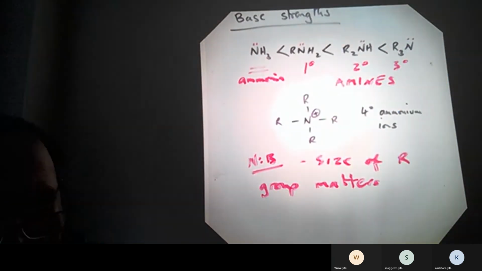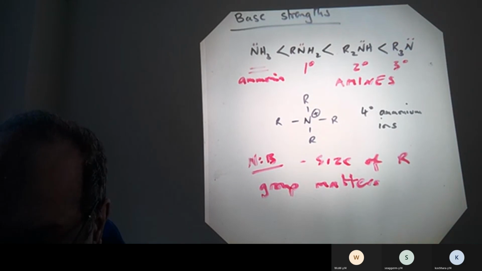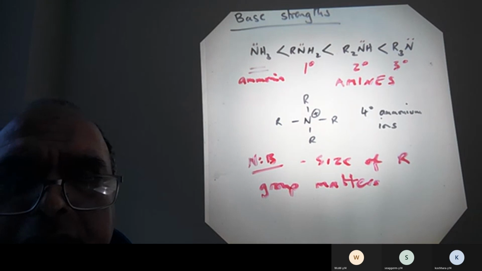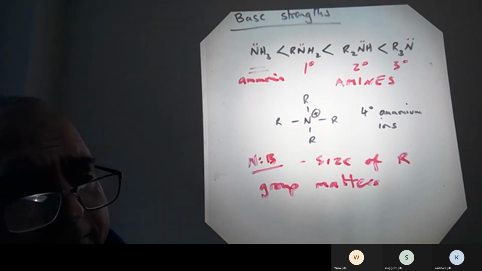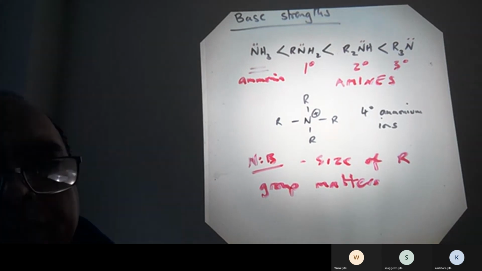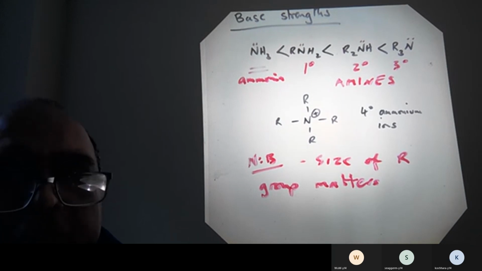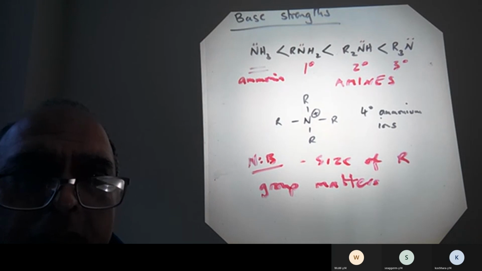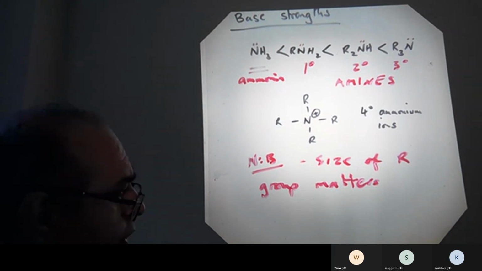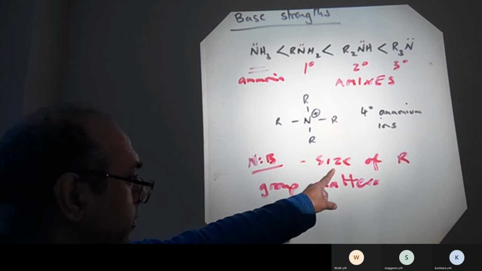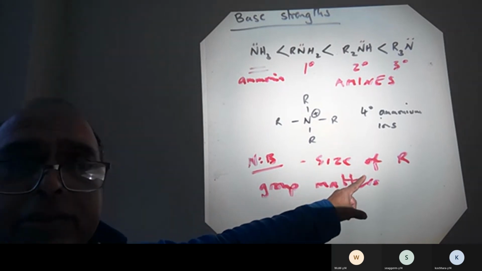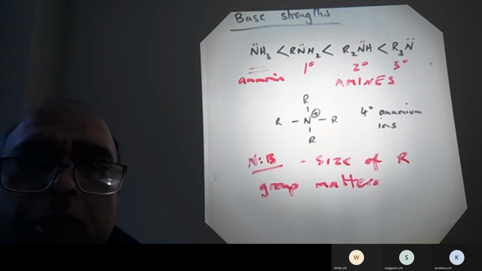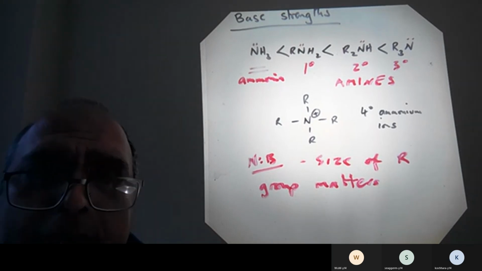So I want you to realize that in exams, they'll ask you to compare different amines. They'll give you a tertiary and a secondary and ask you which is the better base. However, they will also give you two secondary amines and ask you which is the better base. Now that's not going to be easy to answer unless you realize this point about size of our R groups, because the bigger the group, the more the positive inductive effect pushes electrons.